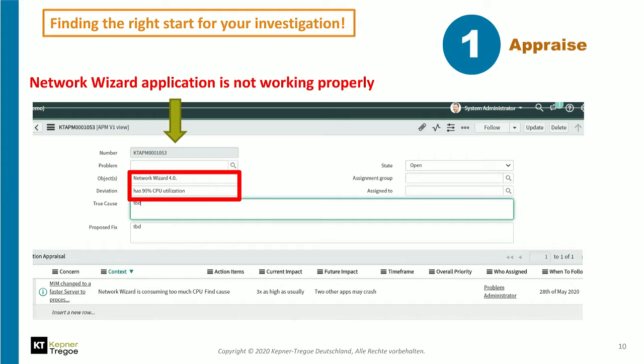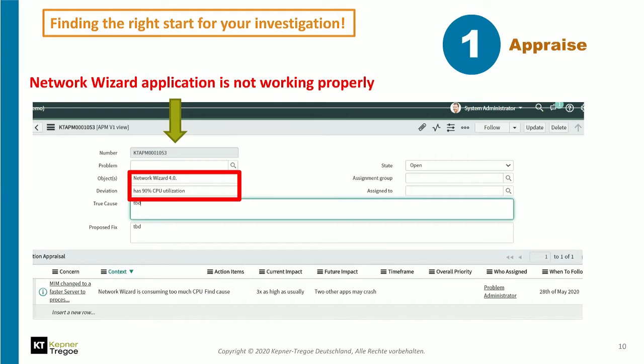Basically, the first challenge everyone encounters in conducting root cause analysis is to find the right starting point for the investigation. Before knowing KT, the team at Systems Management wasted time by already working on issues before clearly understanding them, and throwing problems together that do not belong together.